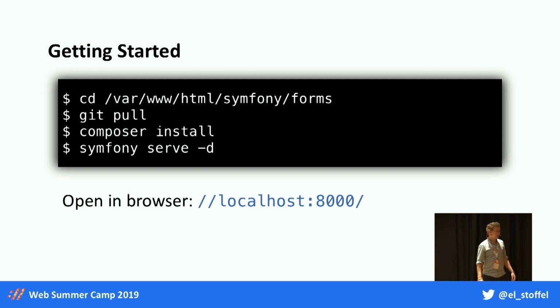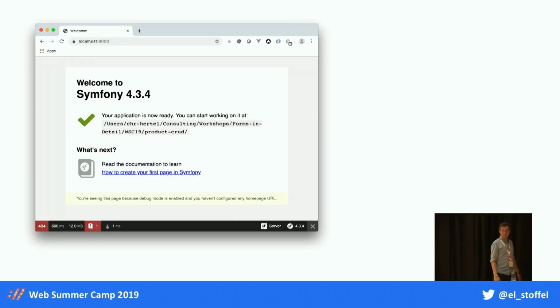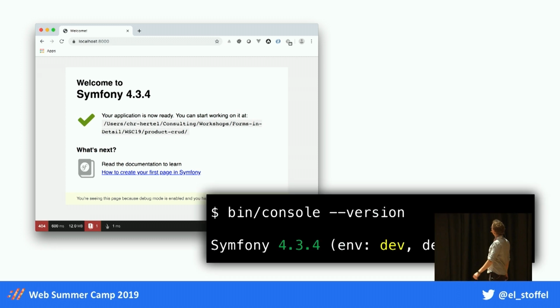And I think that should look like this, right? Besides that, you can always check using bin/console --version if the application on CLI is running as well. So everything fine? Yes, awesome. Thanks.